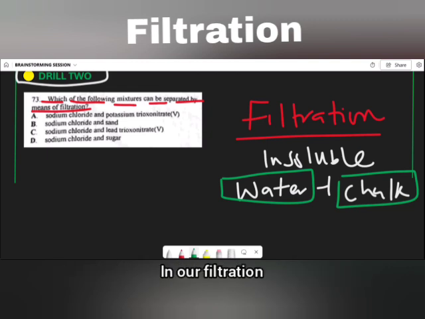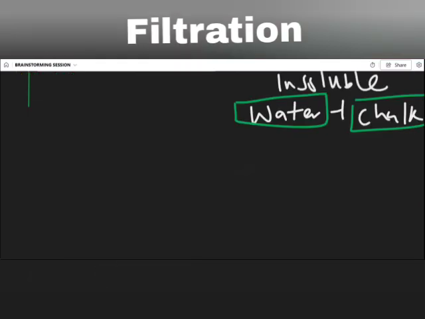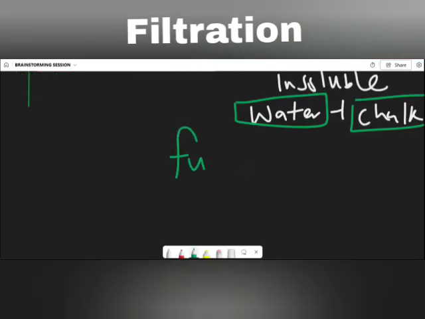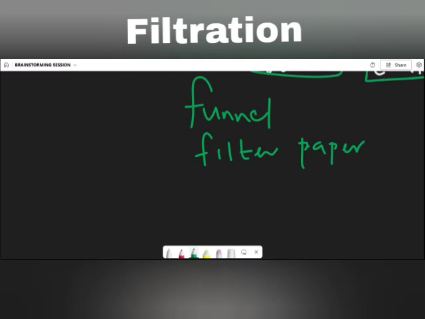In filtration, we have some instruments: the funnel, the filter paper, and the measuring cylinder.